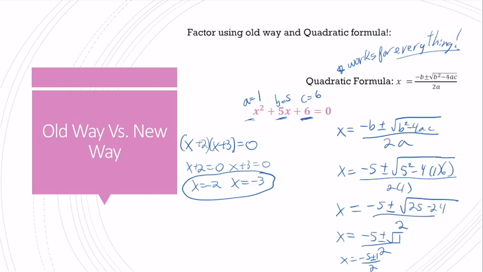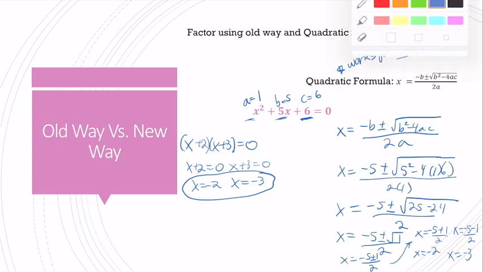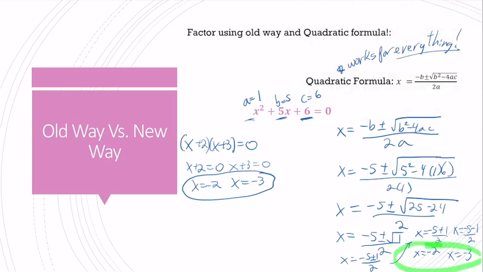So x is negative 5 plus 1 over 2, which gives us negative 2, and x is negative 5 minus 1 over 2, which gives us negative 3. Look at the amount of math we had to do to get to the same endpoint. So my first recommendation is always see if you can factor.